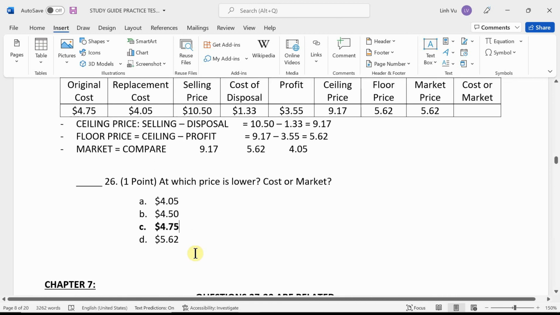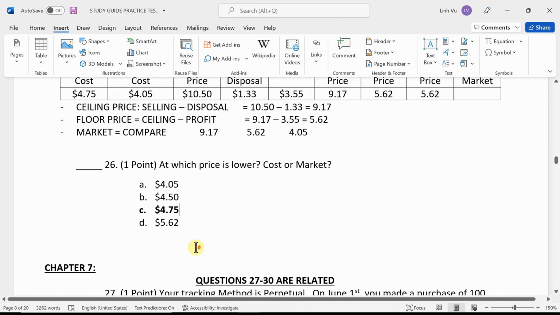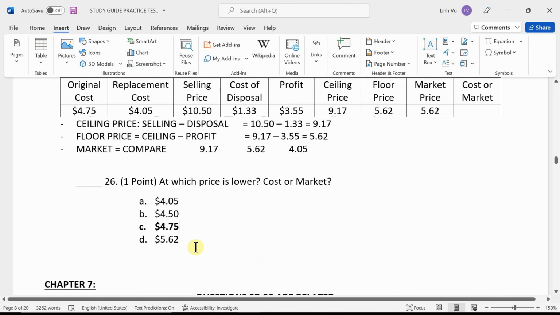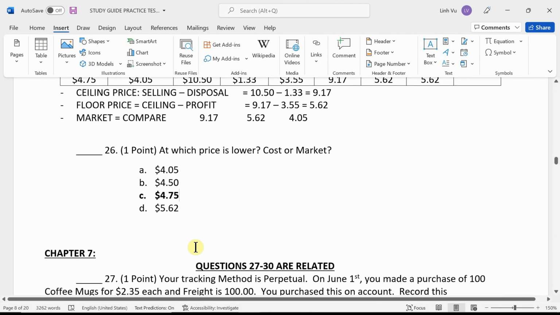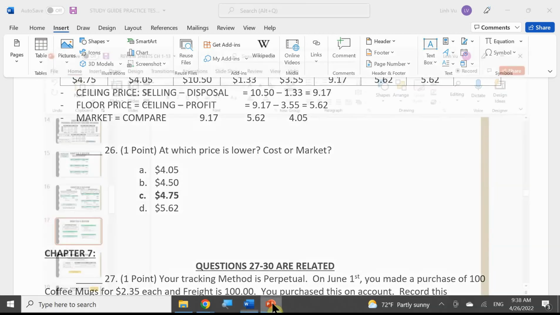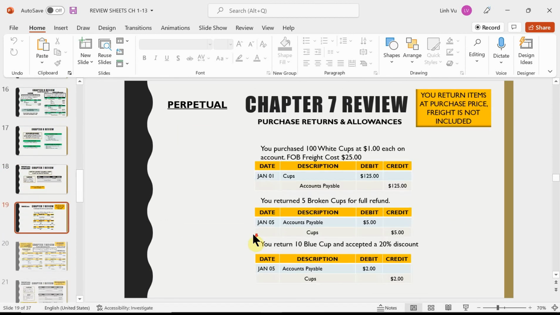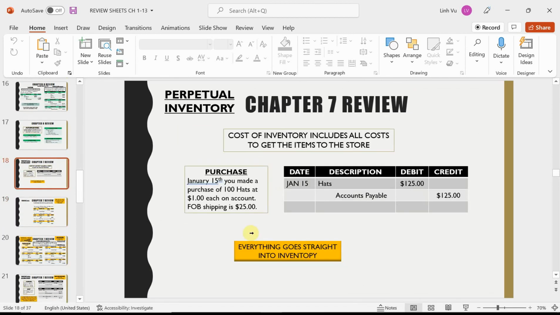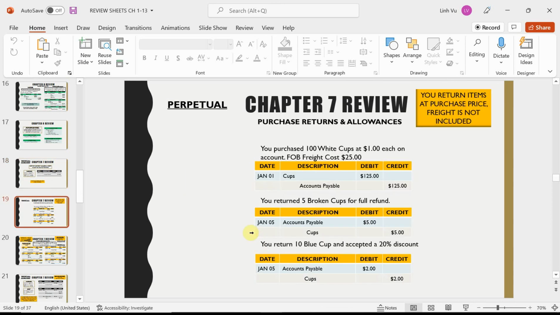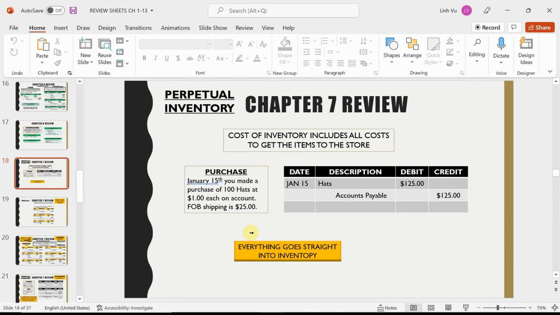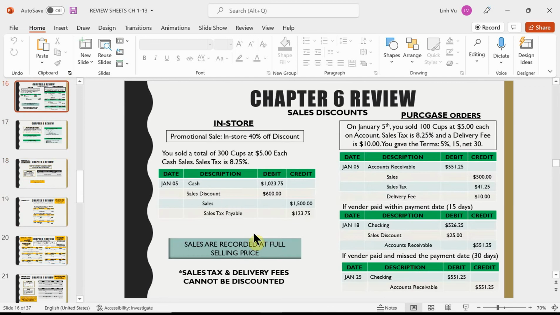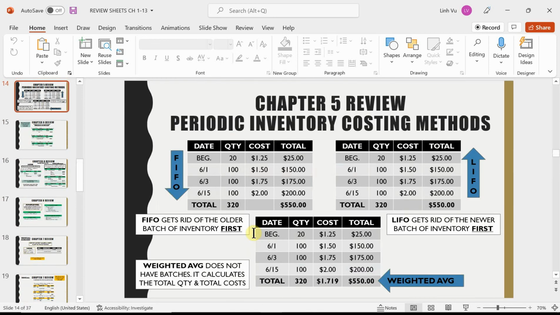Any questions in regards to the first 6 chapters? No. Okay. Once again, for the review, I let you have the review sheets. This is definitely going to be useful. It answers about 70% of your exam. It will help you out a lot, since it's a lot of information.